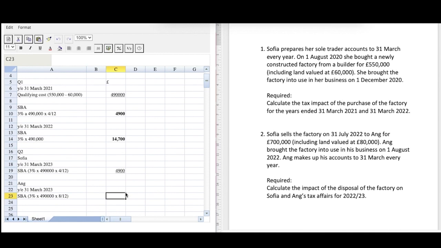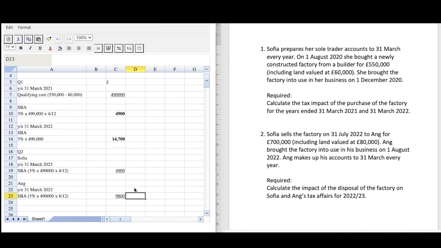So that's going to be £9,800. So that's how much Ang will claim then for that factory in that particular period. And then we'll carry on over the next years until that 33 and a third year period has finished.